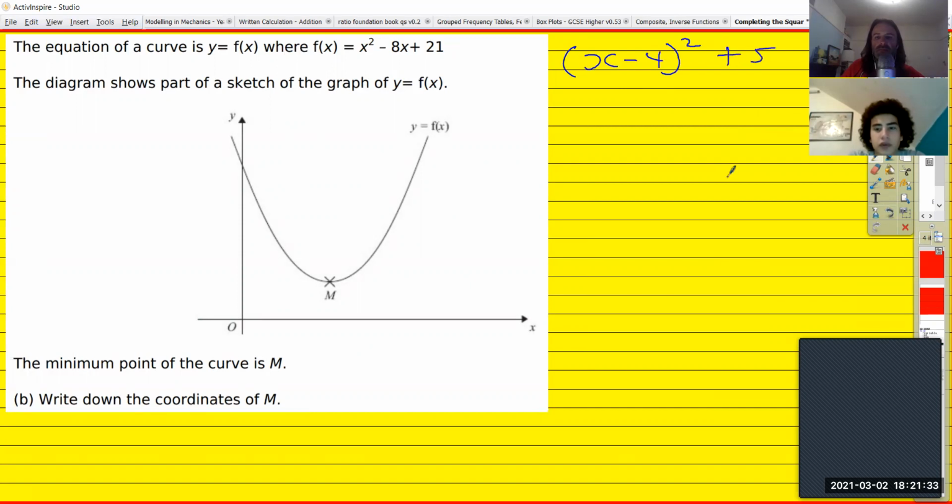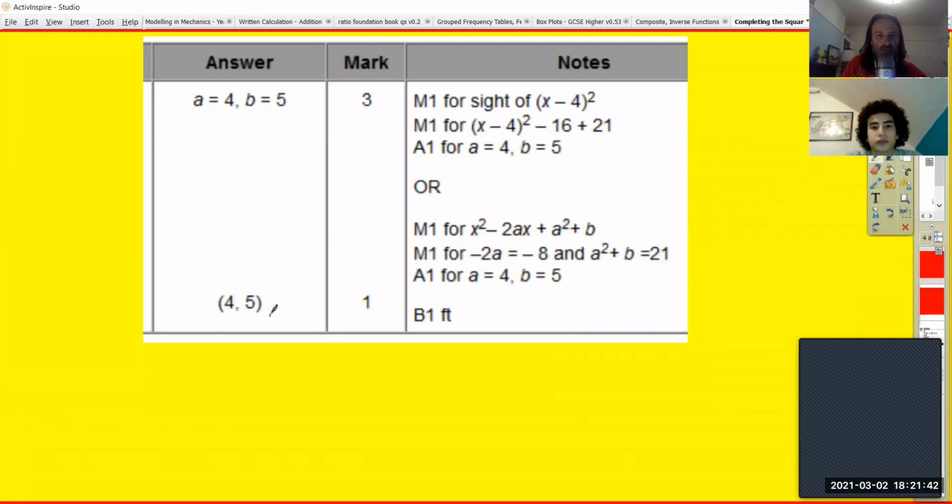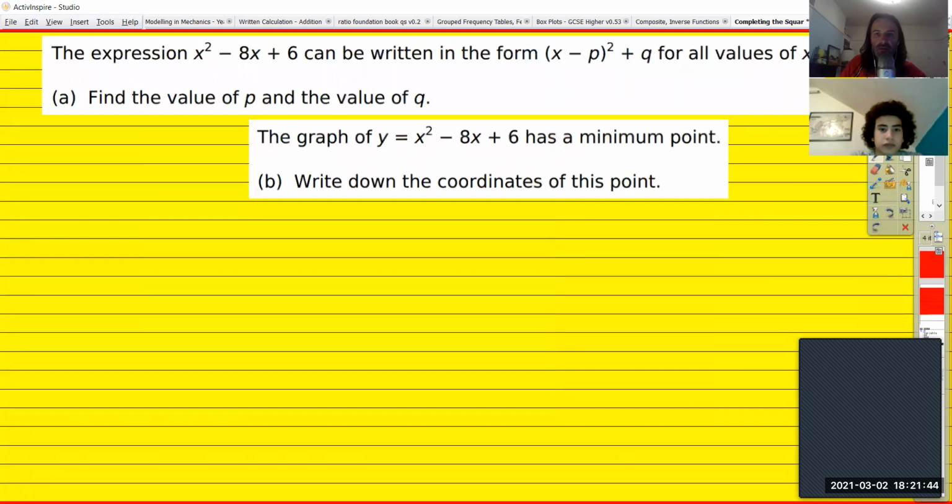So the minimum point would be 4, 5. I believe so. 4, 5. Great. a is 4, b is 5.